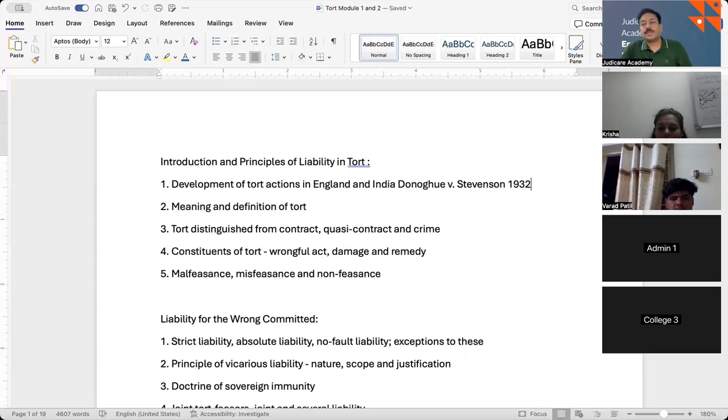For example, there is no physical or mental harm, but even if a right is wronged, if that right is taken away from a person by somebody, then also tort is standing there to support that person or that situation.